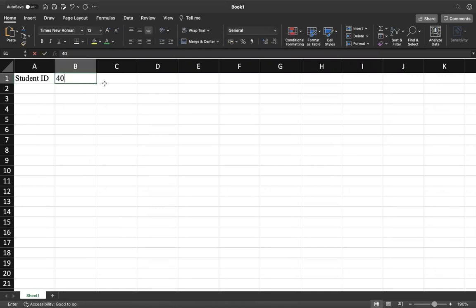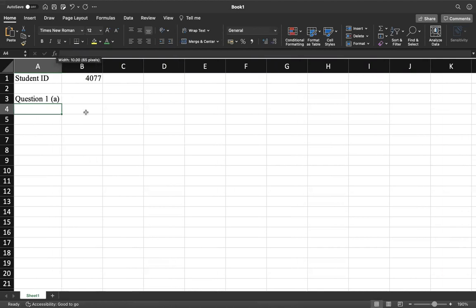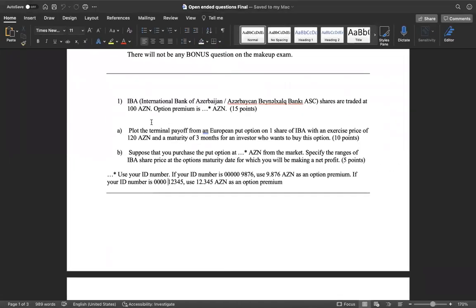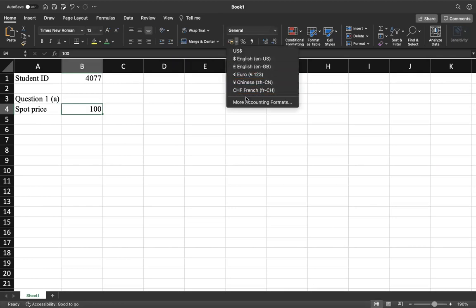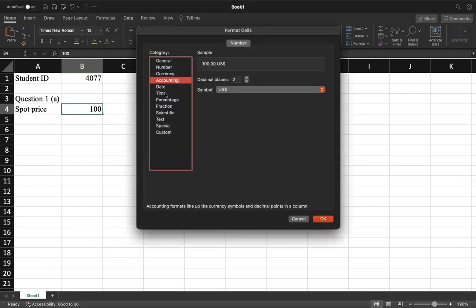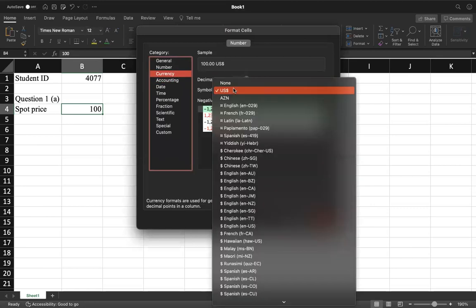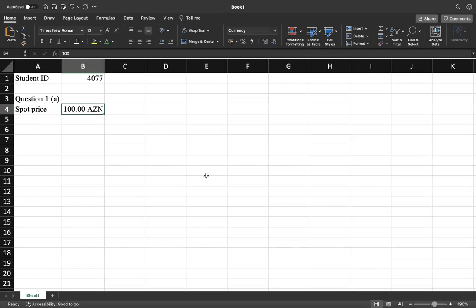It is my student ID, 4077, and it is question 1, part A. Okay. I have spot price 100 and 120 exercise price. Let me choose AZN from the currency list.